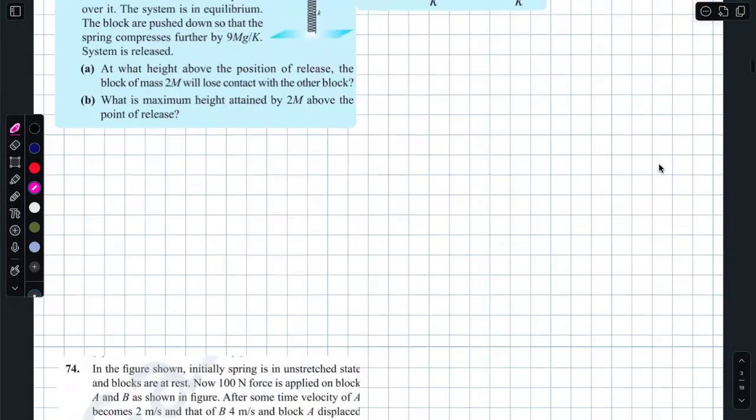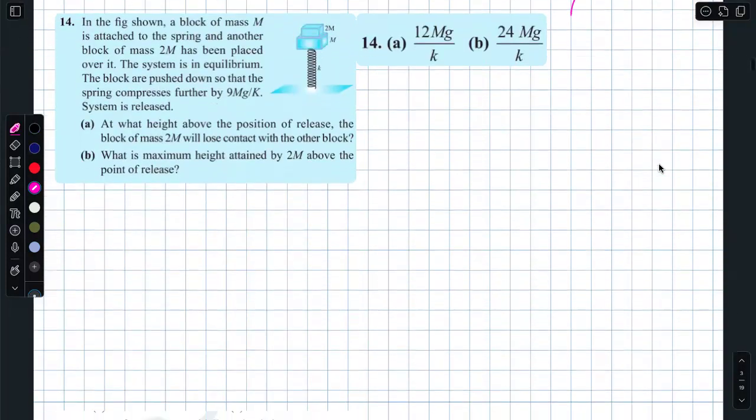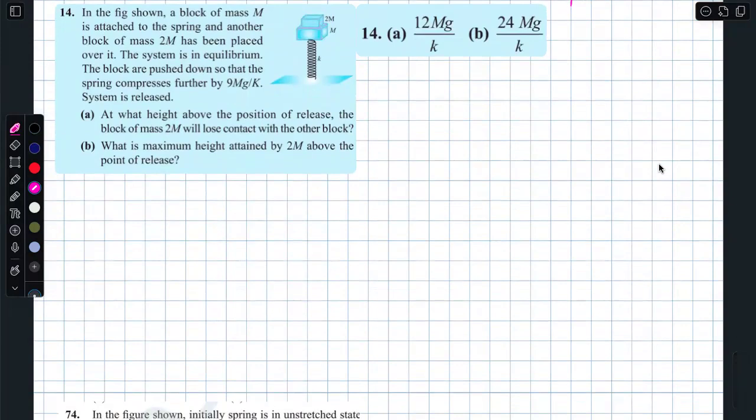Right. Now, you please work on this question right now. Quickly work on this question.